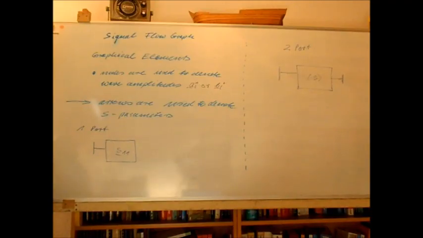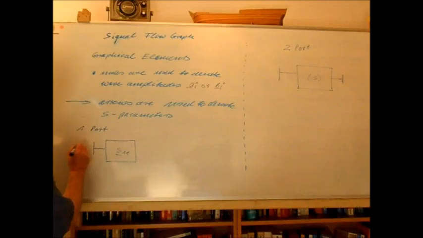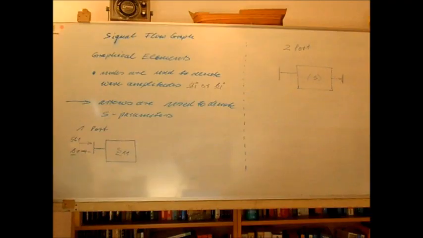As an example, I want to discuss here first, for example, one port, and we know that up to now we sketched it like this. We had A1 entering the one port, and B1 is the reflected wave amplitude in principle of the one port.